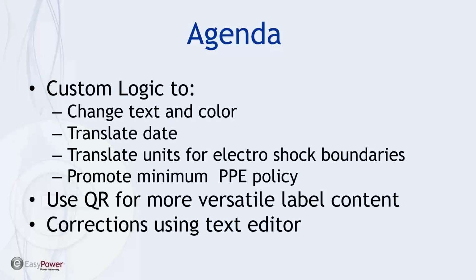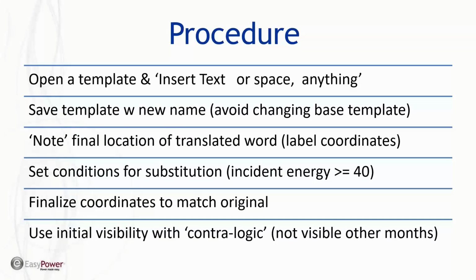And then as kind of a bailout, how a text editor can be used to correct mistakes or help you understand what's going on in the label editor template. So a lot to cover.